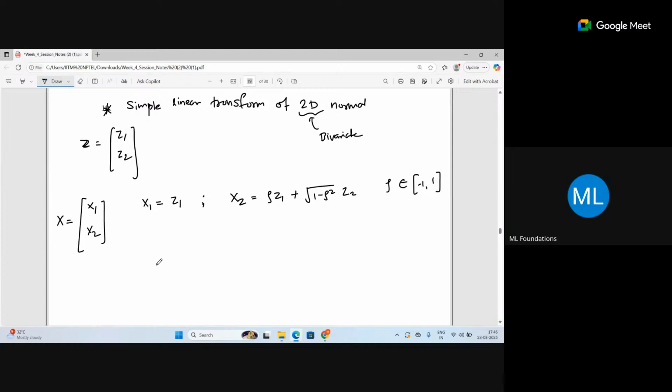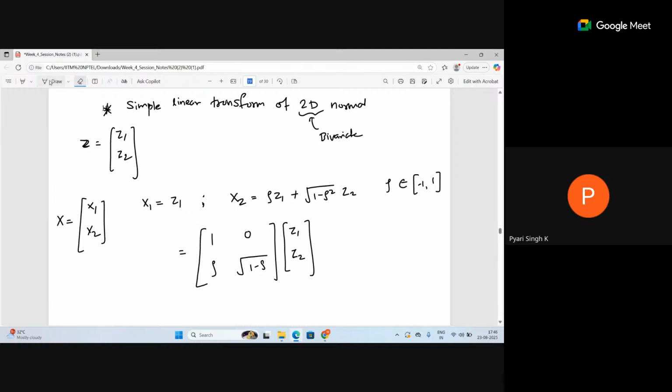So if I wanted to write this x in terms of z in a vector matrix format, how will I write it down? If I write like this, 1 and 0, which is 1 for z1 and 0 for z2, and rho and square root of 1 minus rho square, times z1 and z2, and this is x1 and x2.